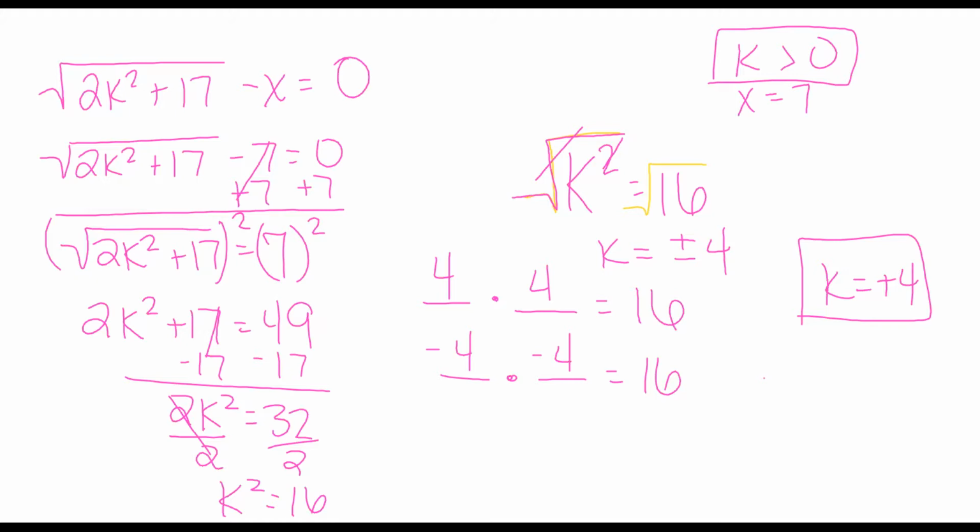-4. If you do not have this step, you will probably get about 5 points taken off, because you have to understand that when I physically draw a square root, I am getting a plus and a minus, okay?